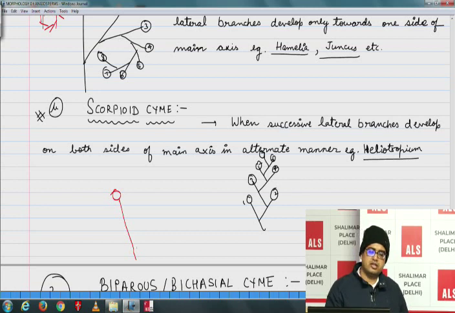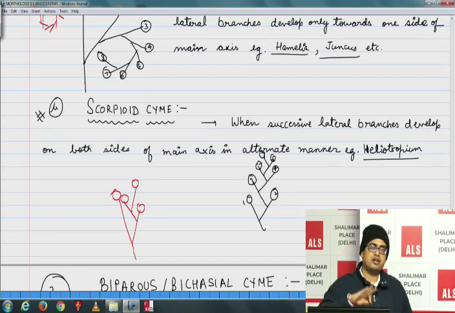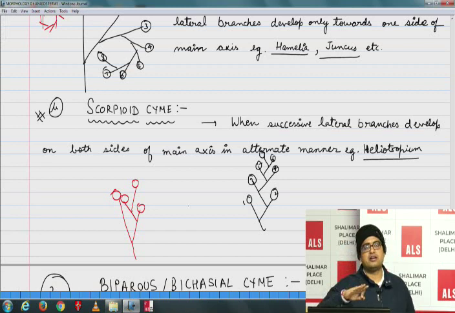There will be another branch from this, a smaller flower will come like this. Another branch, new flower. Another branch, new flower. So here the flowers are not growing on one side. When it is right, next time it is left, then right, then left. So it is continuously growing up like this.